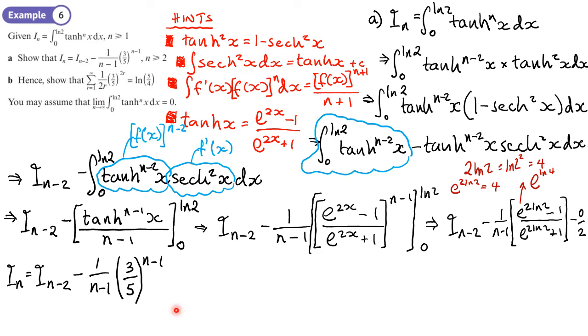And you can see that we've proved this as required. I sub n minus 2 minus 1 over n minus 1, 3/5 to the n minus 1, as required.